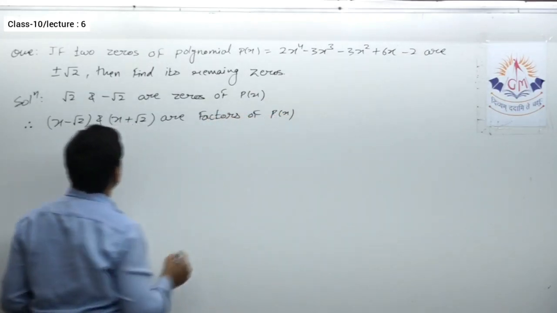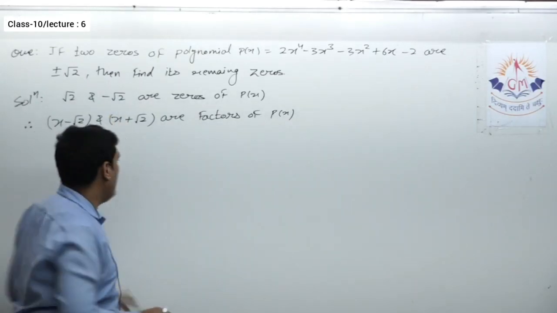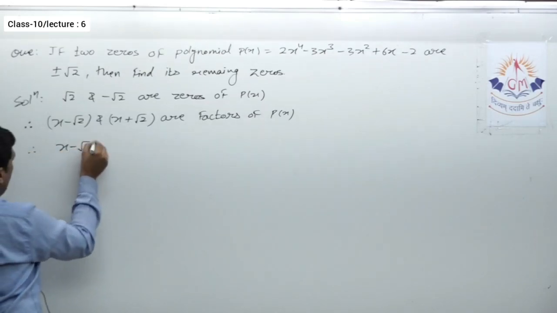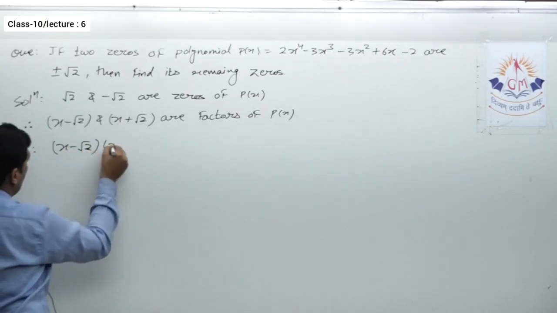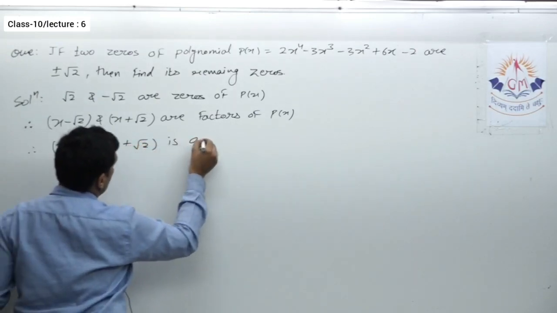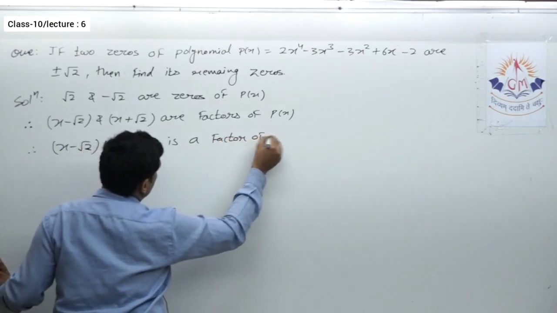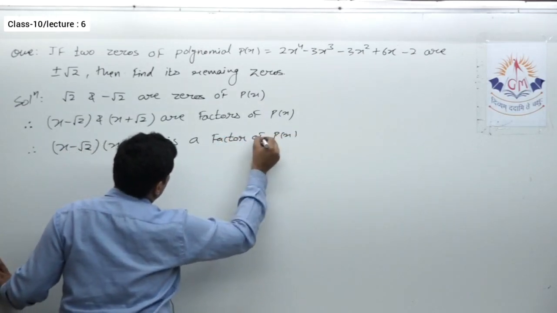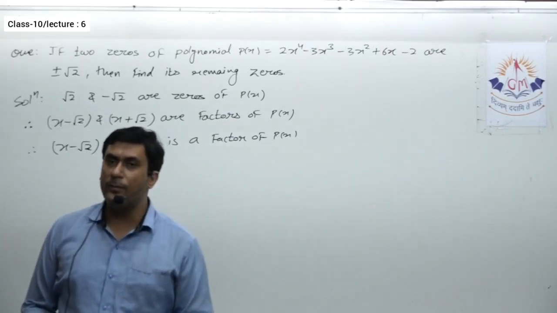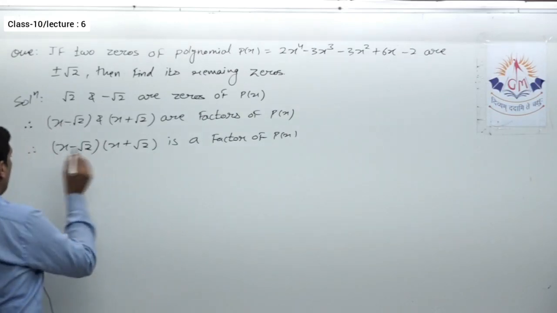If these two are the zeros, then these two are the factors of p(x). As these two are factors of p(x), definitely (x - √2)(x + √2) is a factor of p(x). If 2 and 3 are both factors of a number, obviously their product will be a factor of that number. So the product of these two will be a factor of p(x).